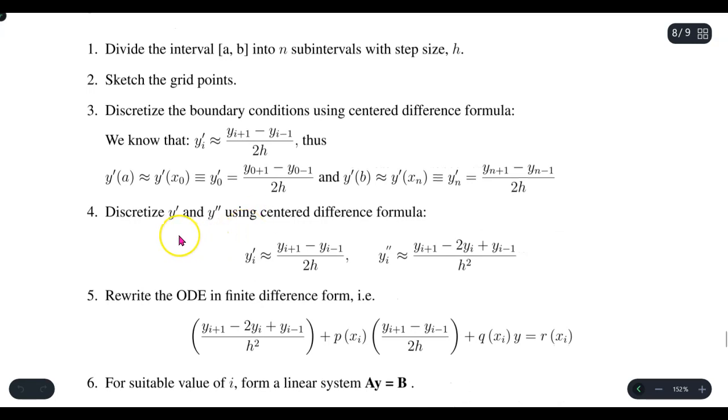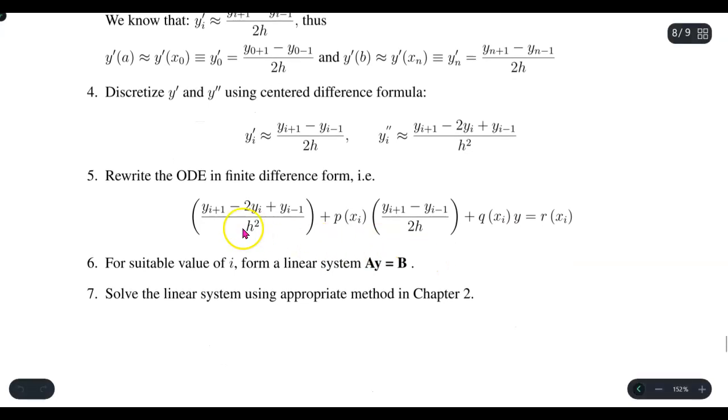And then we proceed with the discretization of the differential equation, the ODE. We replace y double prime and y prime in our equation, also with the centered difference formula. And then we will have our ODE in a finite difference form, and then after that we will see how we form a linear system. And finally, by solving the linear system Ay equals b, we'll get y.